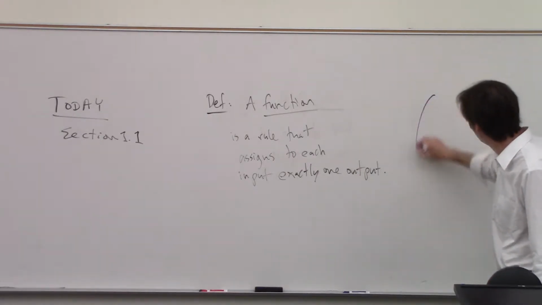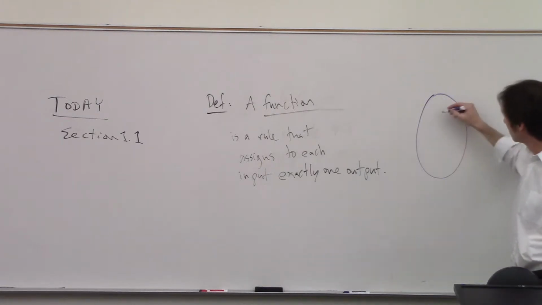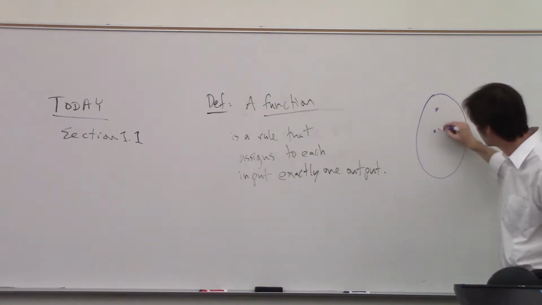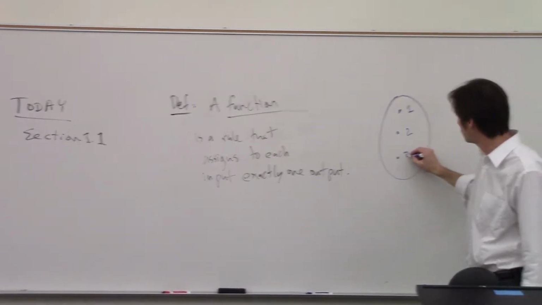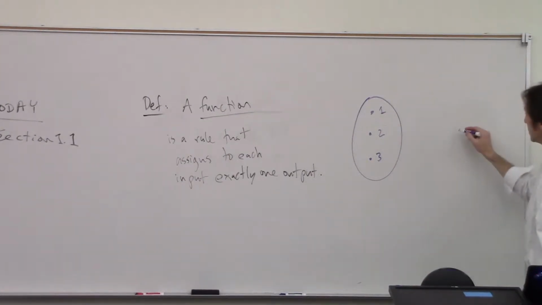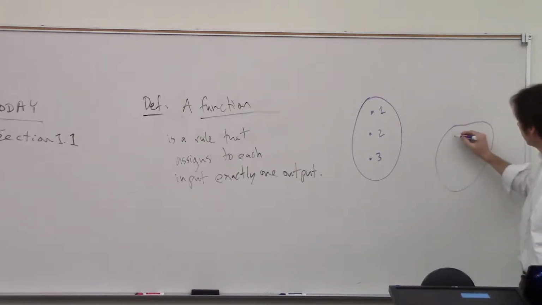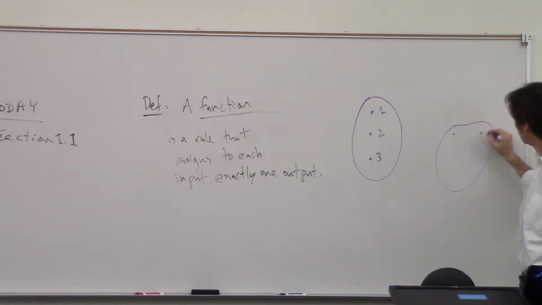So for example, I might think about having just a set of some objects here, and these objects are object 1, object 2, object 3. And then I have a separate set of some objects over here. These objects happen to be letters.